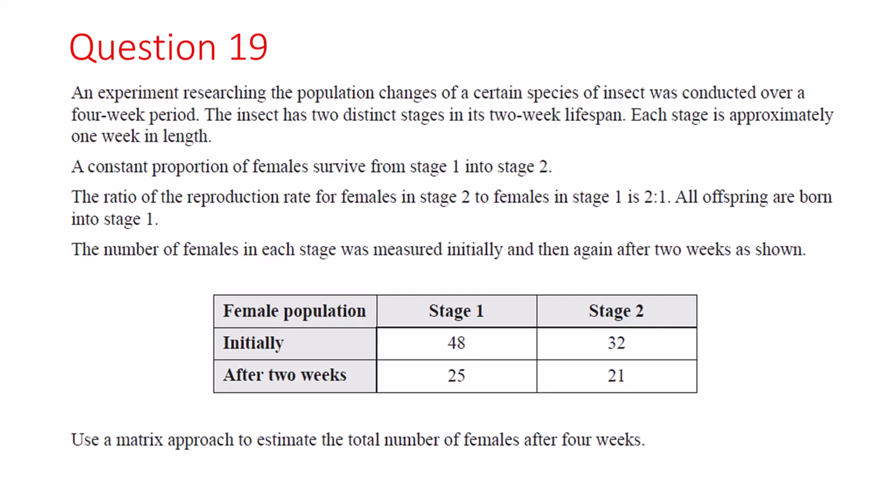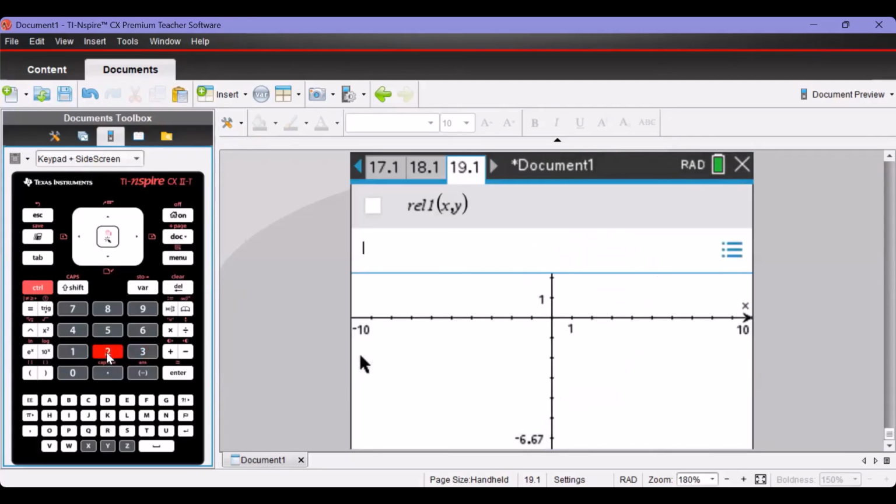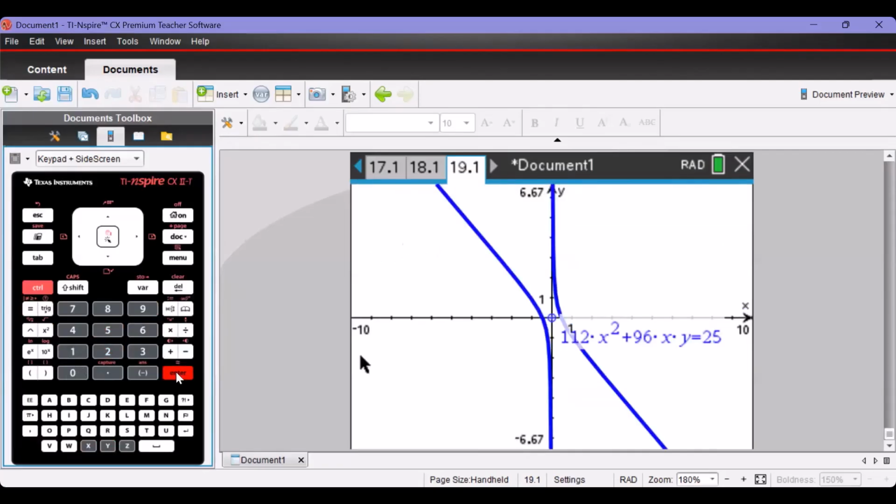So on a graphs page, we'll press menu, 3 for graph entry edit, 2 for relation, and after performing that calculation, you end up with 112 times X squared, and then plus 96 times X times Y, and we'll set that equal to 25, and then press enter.